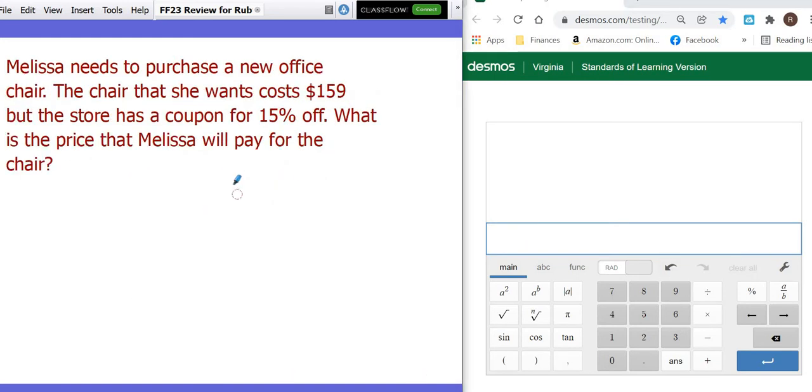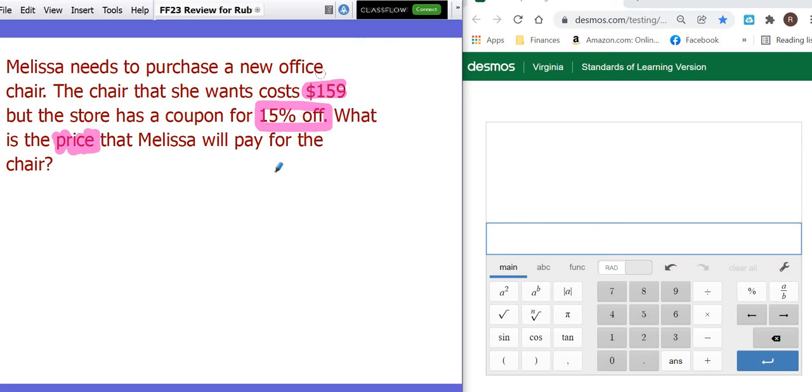All right, the next one says Melissa needs to purchase a new office chair. The chair that she wants is $159, but the store has a coupon for 15% off. What is the price that she will pay for the chair?